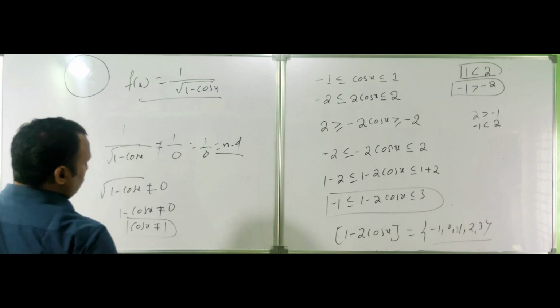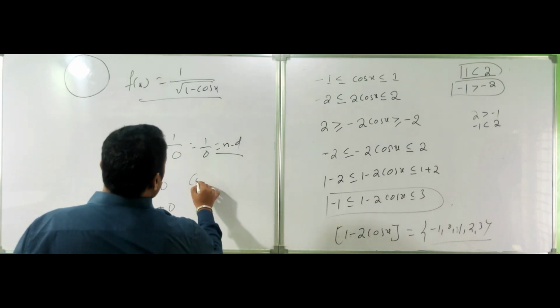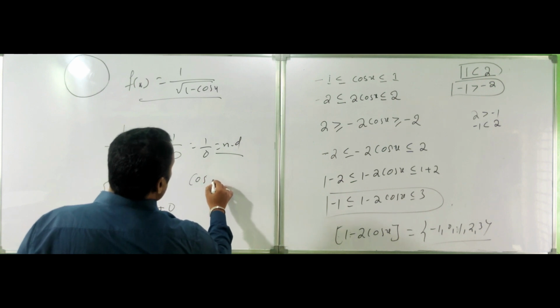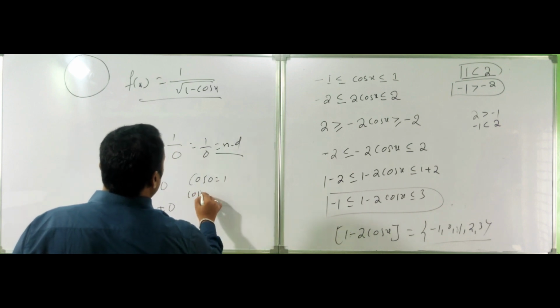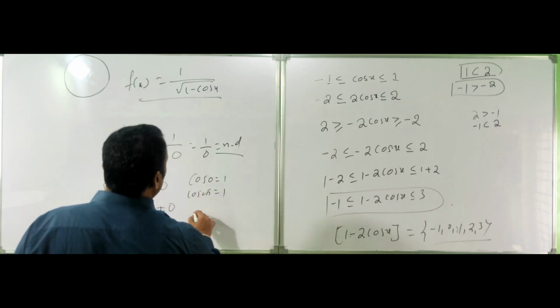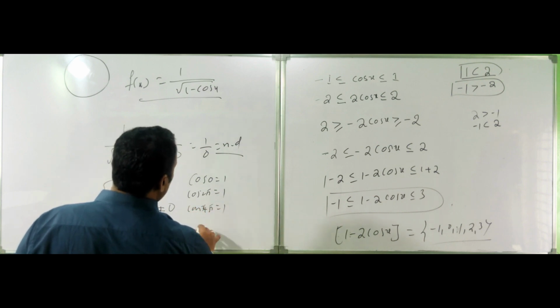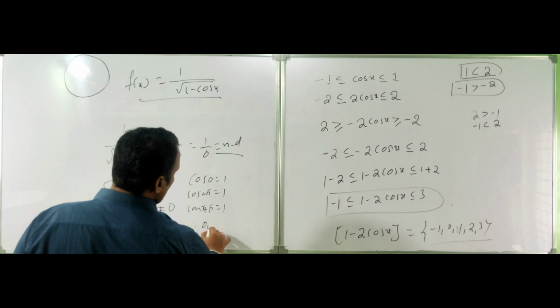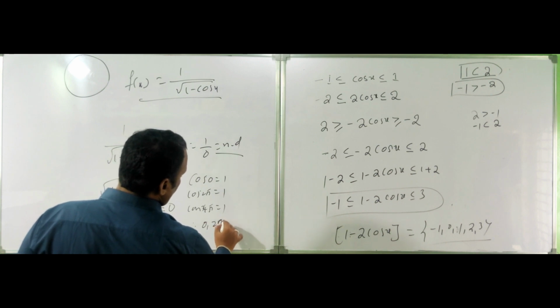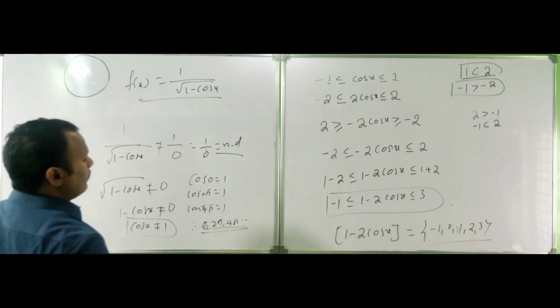What is the value where cos of x equals 1? Cos of 0 is equal to 1. Cos of 2 pi is equal to 1. Cos of 4 pi is equal to 1. Therefore, for 0, 2 pi, 4 pi and so on, the function is not defined.